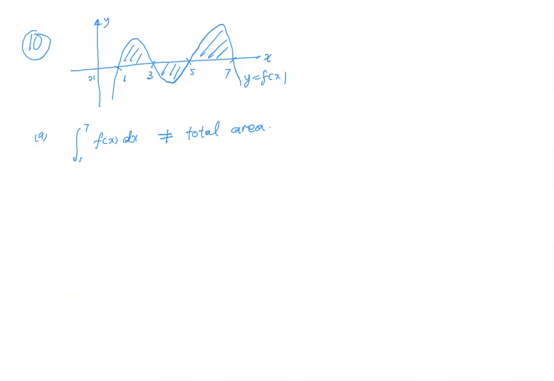3 different areas. So you have x from 1 to 3, then x from 3 to 5, then x from 5 to 7. Am I right?